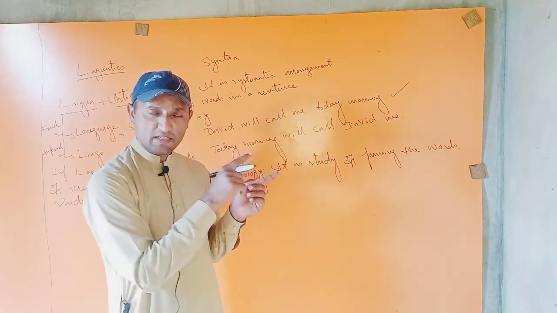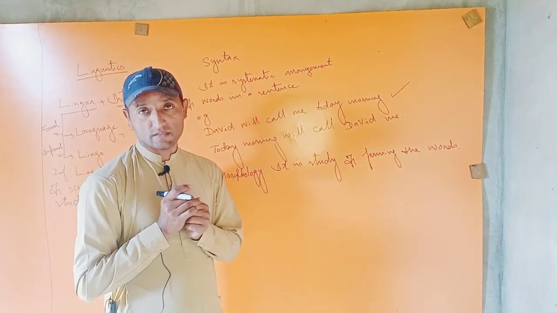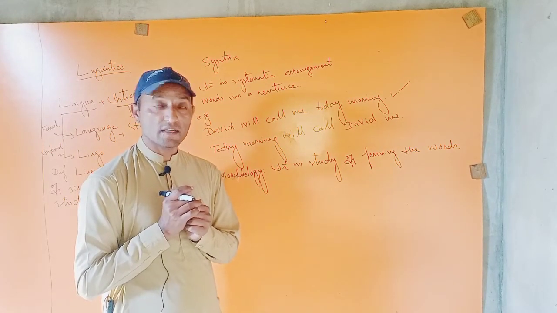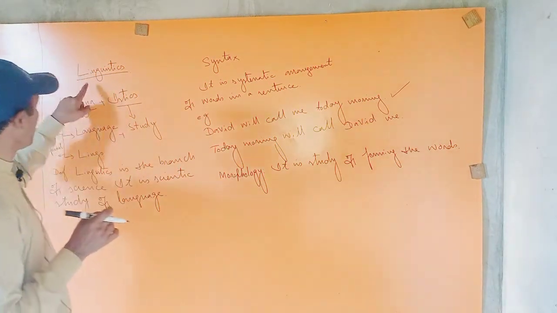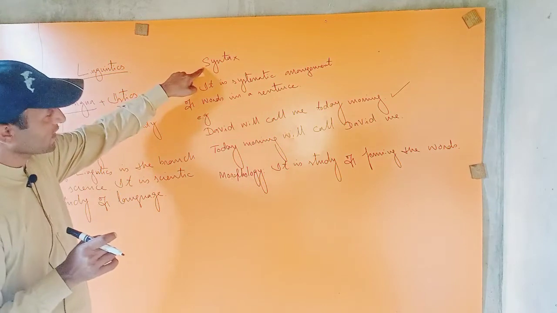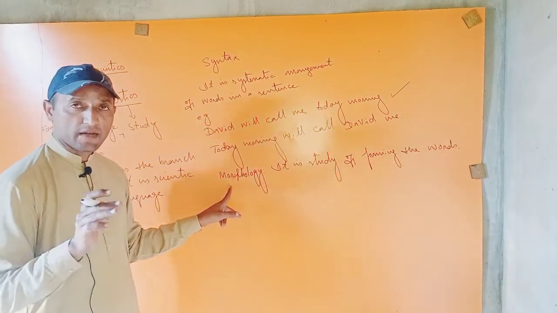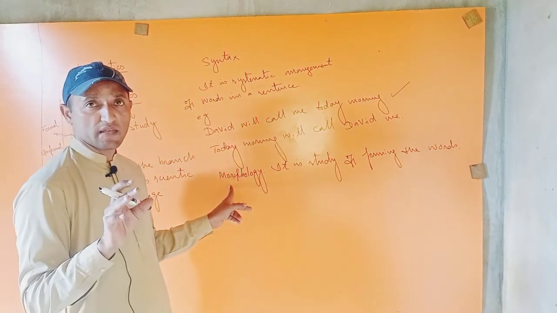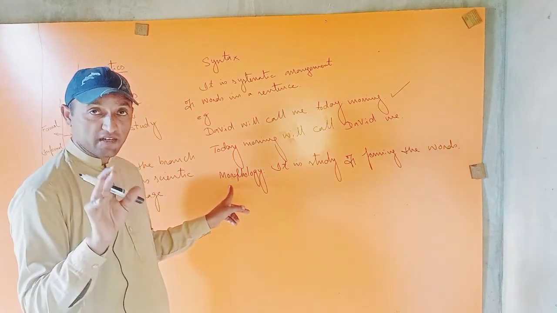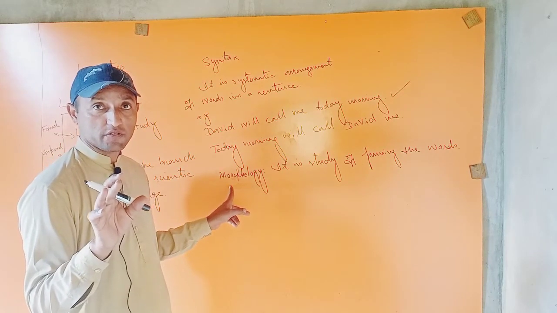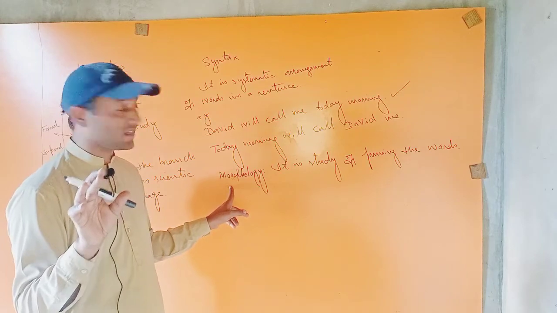In my previous lecture I told you that grammar is the branch of linguistics that deals with syntax and morphology. And I also told you that the word grammar has been taken from different languages.